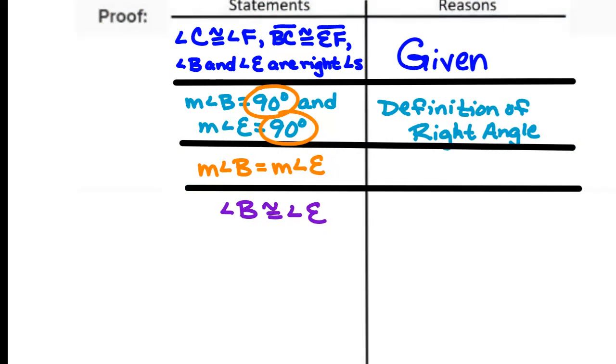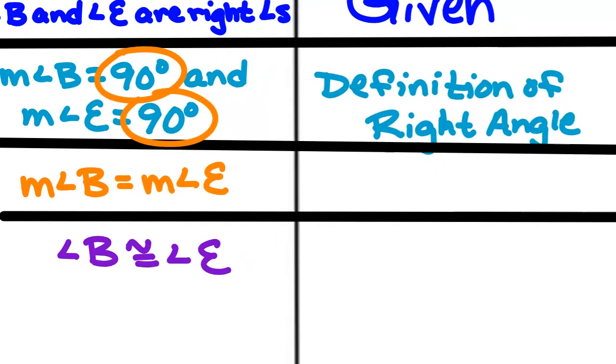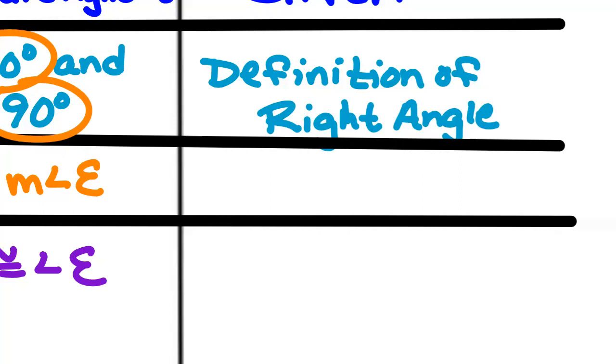All right, let's go backwards and give reasons for those. Angle B is 90, angle E is 90, so why can I say their measurements are equal to each other? What are we using to be able to do that? If I take one thing out, like this 90, and I put something of equal value, substitution.